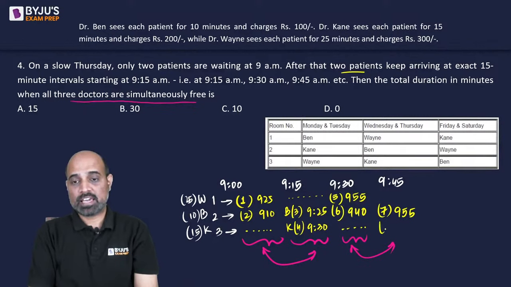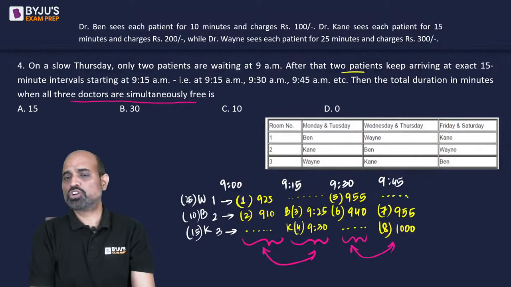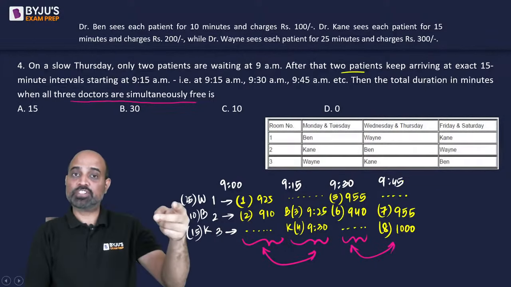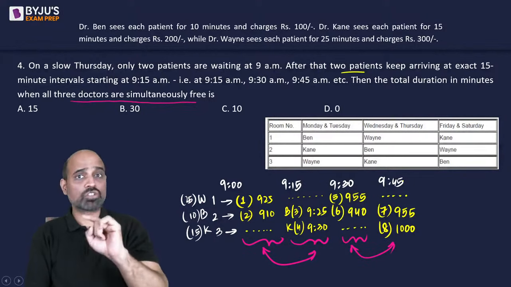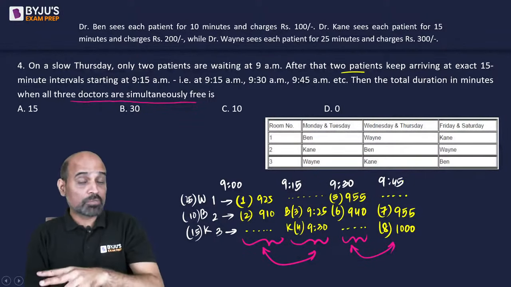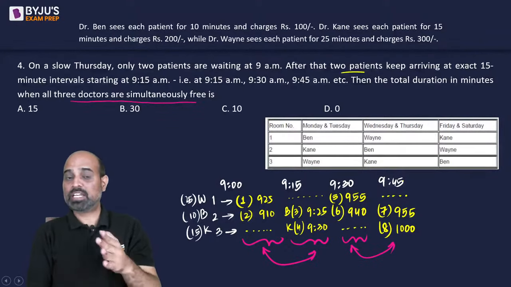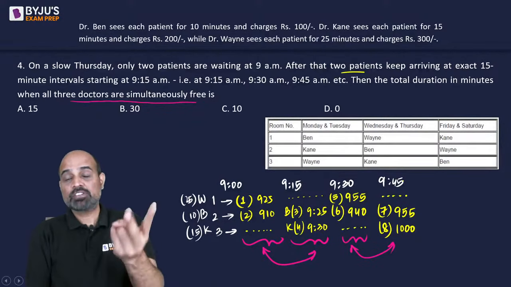Ken will pick up the 8th patient, the 4th pair of patients, and he is going to see the patient from 9:45 until 10, while Wayne is going to be empty for a certain time. So in the first 15 minutes, Wayne and Ben are looking at patients, Ken is free, but Wayne is not. In the next 15-minute slot, Wayne will be free after some time, Ben will be free after some time, but Ken is definitely not. Okay? This same pair keeps continuing.